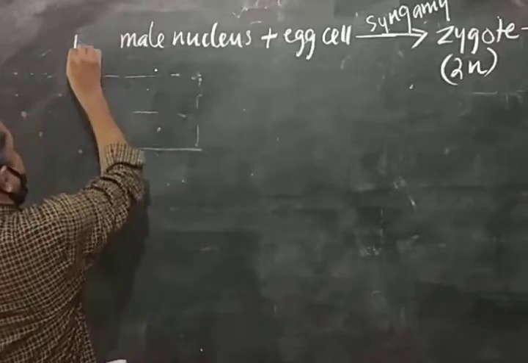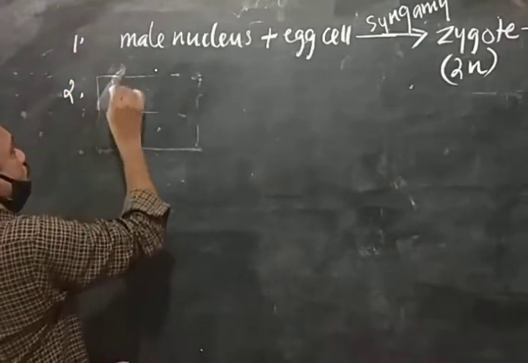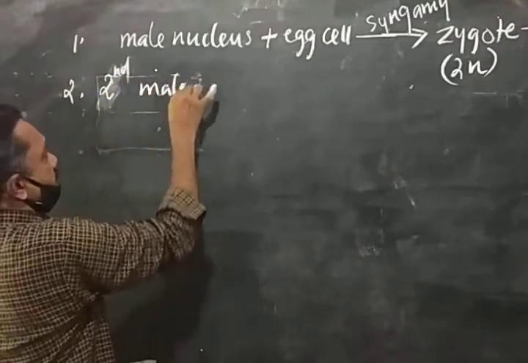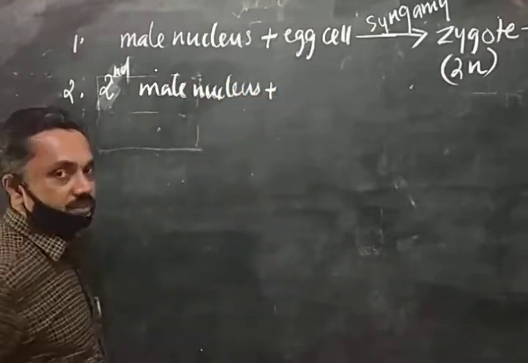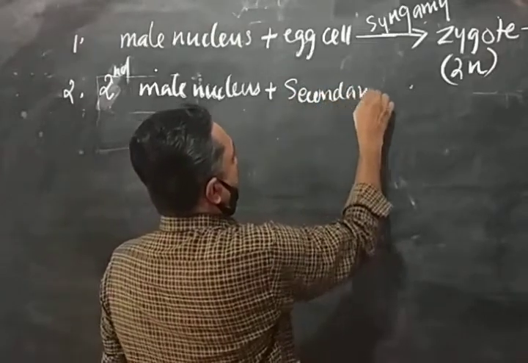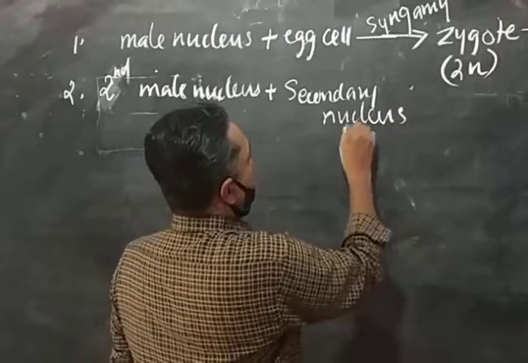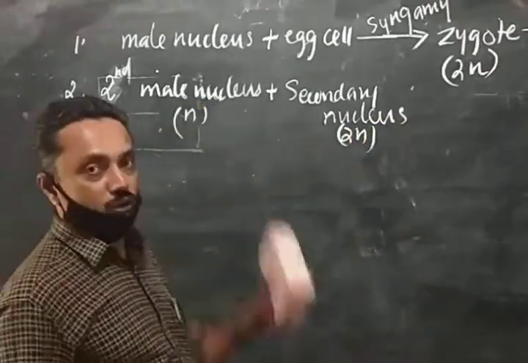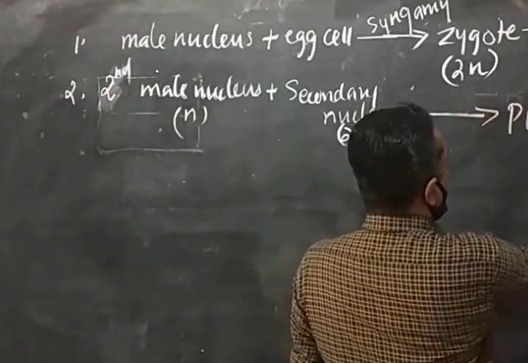And the second stage is that the second male nucleus joins with the secondary nucleus, which is diploid, while this is haploid, resulting in the primary endosperm nucleus.